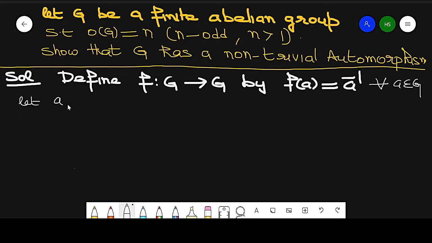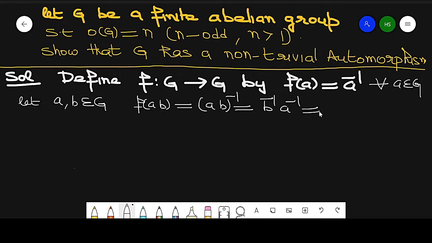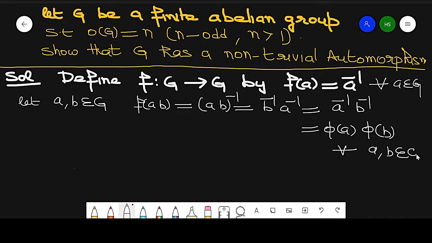Let a, b belong to G. Then F of ab equals ab inverse, which equals b inverse a inverse. Since it is commutative, this can be written as a inverse b inverse, which equals F of a times F of b, for every a, b in G. So it is a homomorphism.